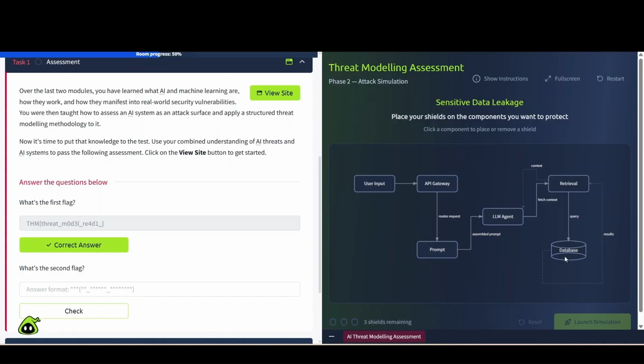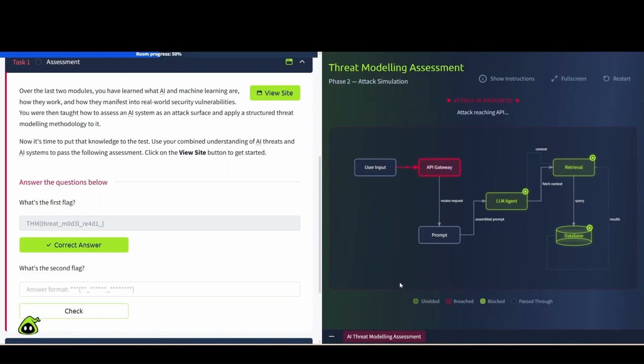So right off the bat, the database for sure. And then you would also have to retrieve something as well. You want to retrieve the information right from the database, and of course you're going to have to manipulate the LLM agent to do that. But what about prompt as well? Let's go with this here and see.